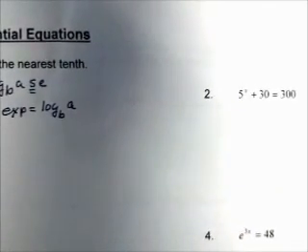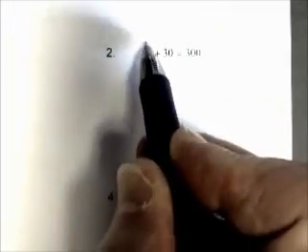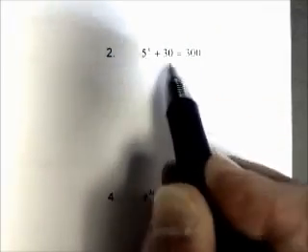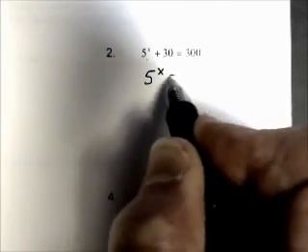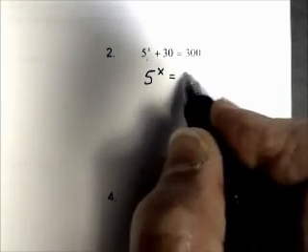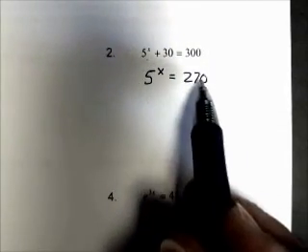Number 2, 5 to the x plus 30 equals 300. And we want to isolate our base with our exponent here. So we subtract 30 from both sides first. I'm not going to show that, but 300 subtract 30 is 270. And now we're in exponential form.